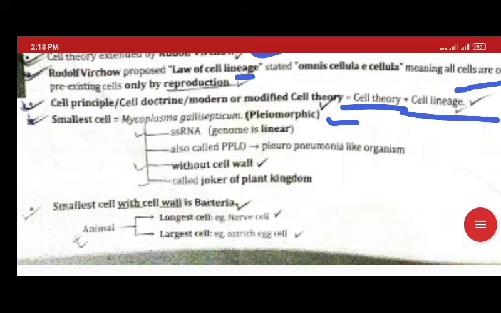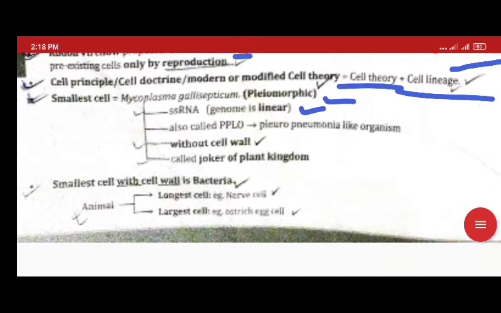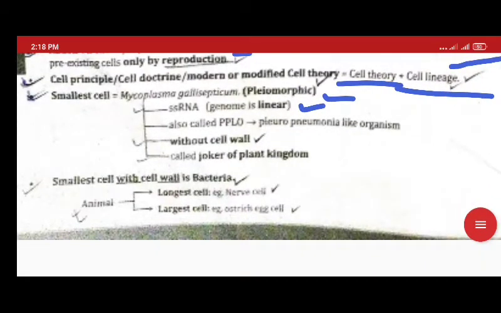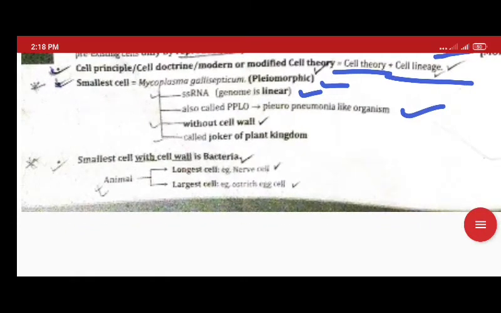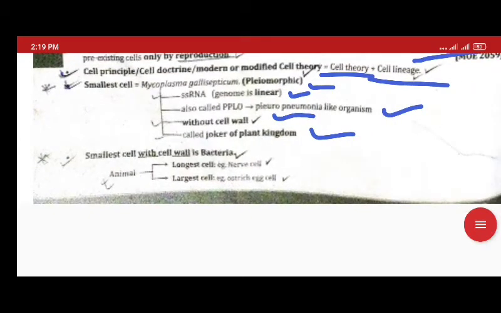It contains ssRNA and is also known as PPLO, meaning pleuropneumonia-like organism. It causes pneumonia-like disease, and being without a cell wall it is called the joker of the plant kingdom. The smallest cell with a cell wall is bacteria.